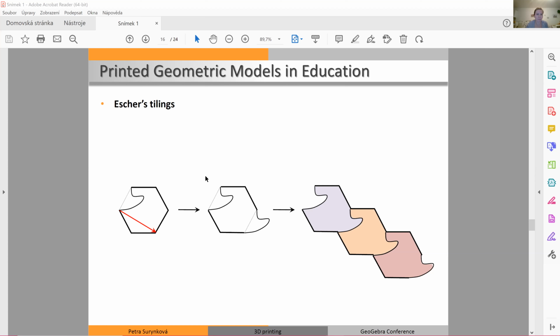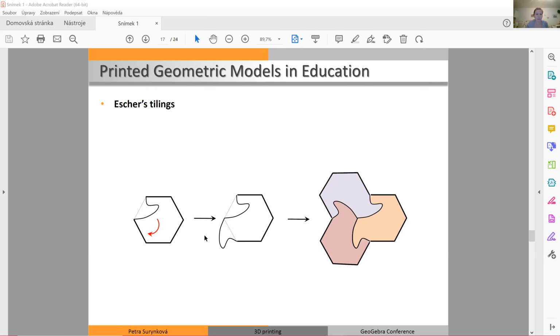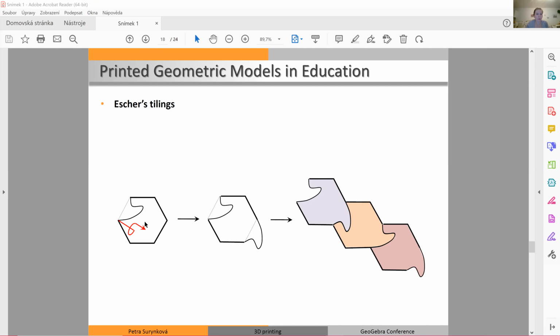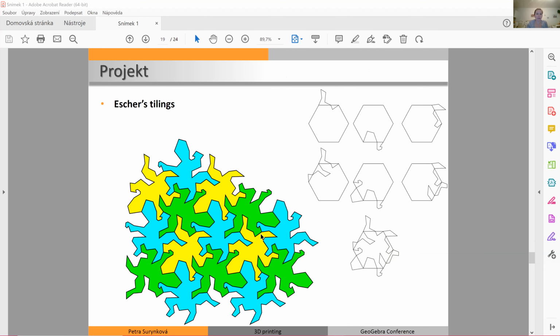Here you can see the inspiration of Escher, if you know, very nice geometry. This is based on translation, or here a tiling based on rotation, or here translation and also axial symmetry. Then we can get very nice tilings.